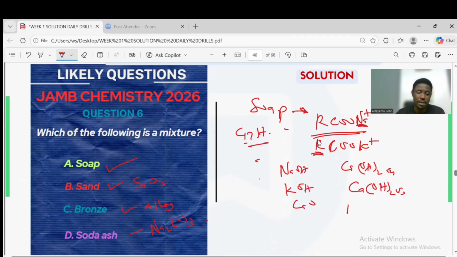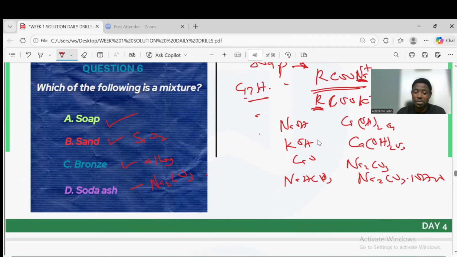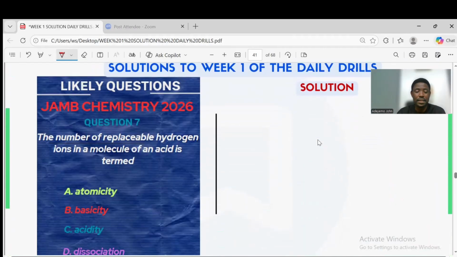Soda ash is Na2CO3. Sodium bicarbonate or baking soda is NaHCO3. Washing soda is Na2CO3.10H2O. The more you go on, the more you begin to know these trivial names. Like I have told you, JAMB can use trivial names for you, not necessarily the systematic name all the time.